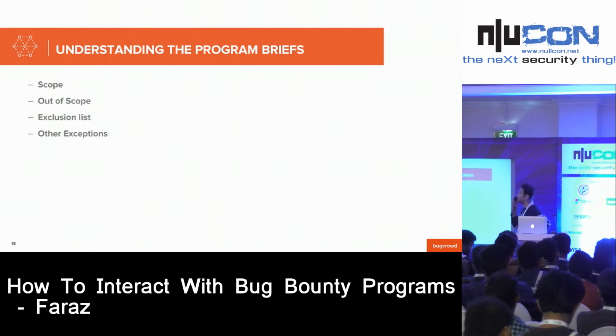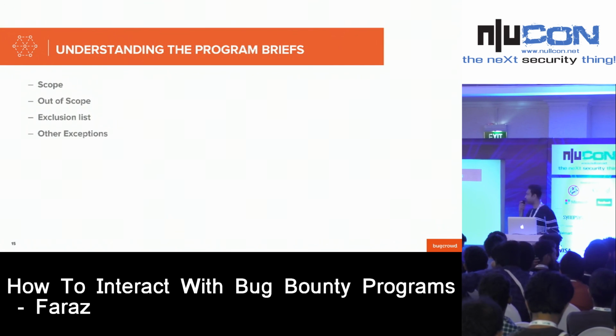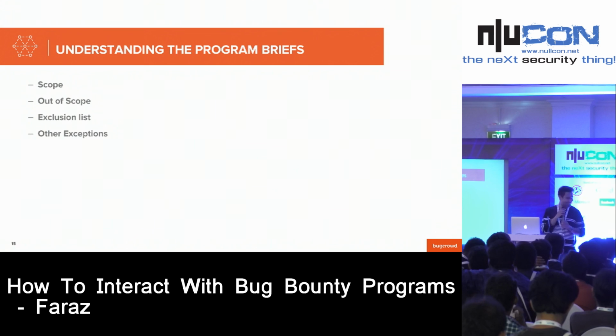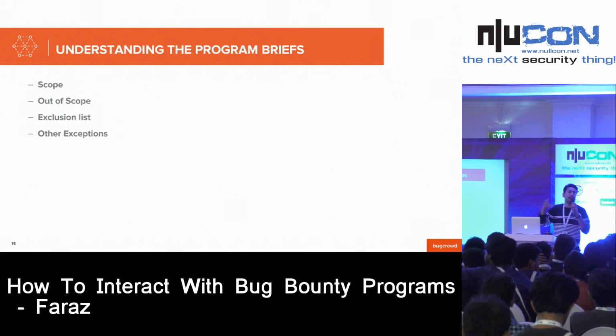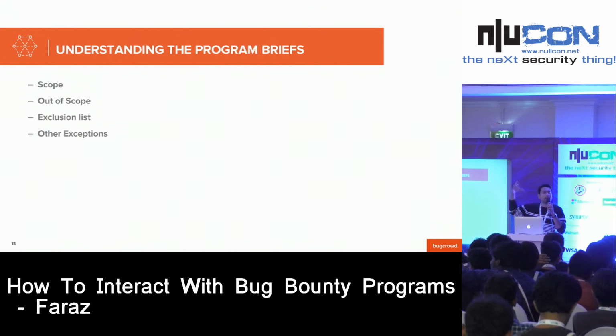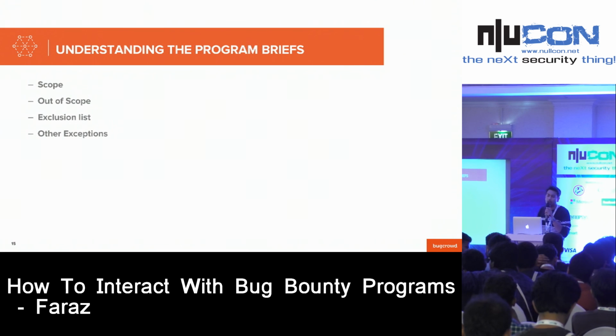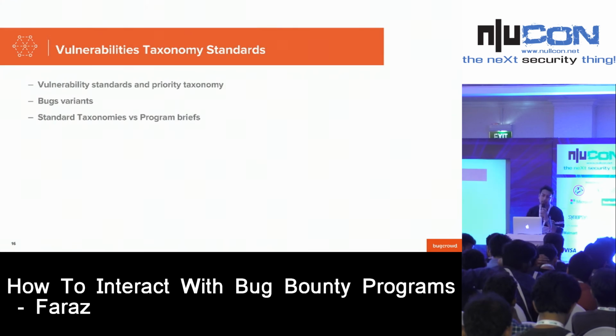So these are the taxonomies, and the exclusion list is always prioritized over the taxonomy. If our client has excluded something like weak password or many other things in the exclusion list, we won't be accepting them as per the standards, because maybe they are good as per the standards, but for this client they don't make any impact. So the briefs are always prioritized over the standards.